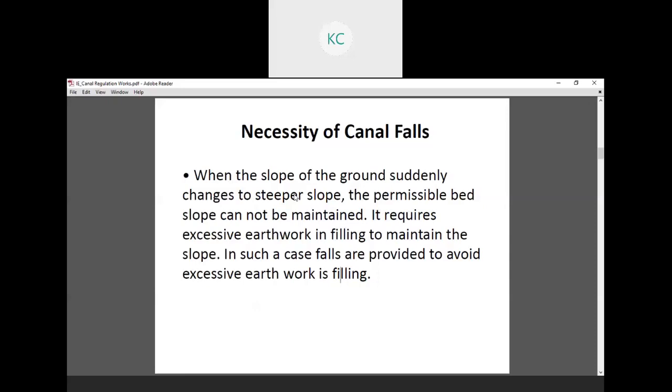So, when certain changes occur in the ground slope, or a steep slope occurs at a particular location, the permissible bed slope, which is governed by the B by D ratio, is not maintained, and to maintain that ratio, the vertical fall is provided to minimize the excessive earthwork which would be required at that location if the fall is not provided.